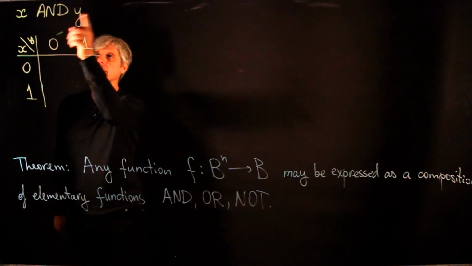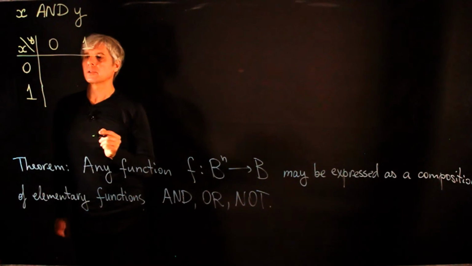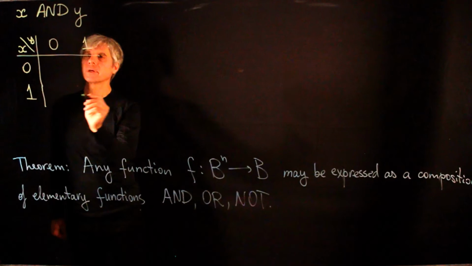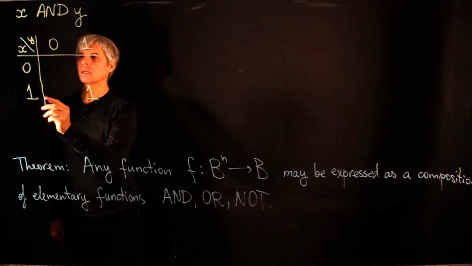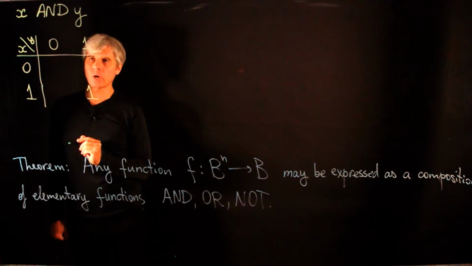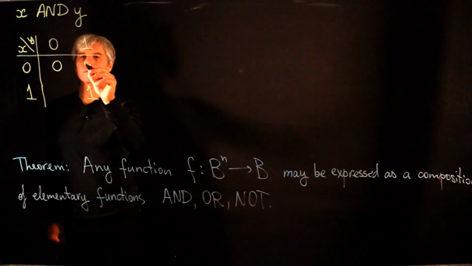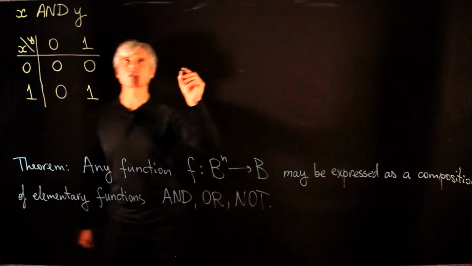And now x and y means that x and y is true. So this means that for this function, the true value 1 is assumed when both x and y are equal to 1, and its value 0 elsewhere. So this is the value table for the and function.